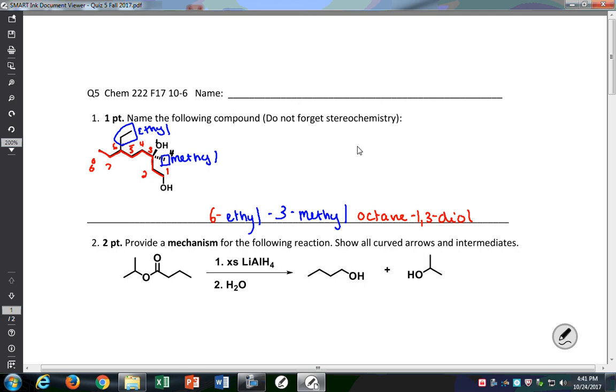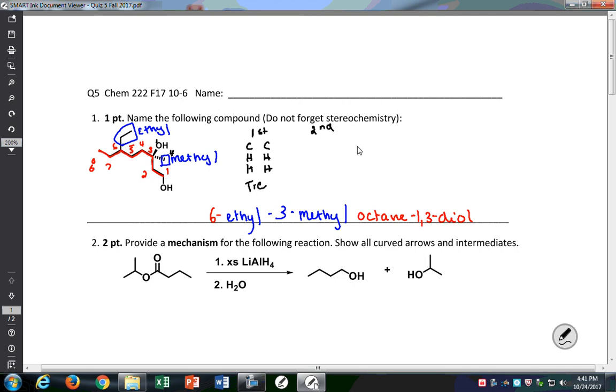So this is just a little review. This carbon has 1 carbon and 2 hydrogens. This carbon has 1 carbon and 2 hydrogens. So our first layer is also a tie. So we got to go to the second layer in this case. When we look at the second layer, this carbon is attached to a carbon and 2 hydrogens.